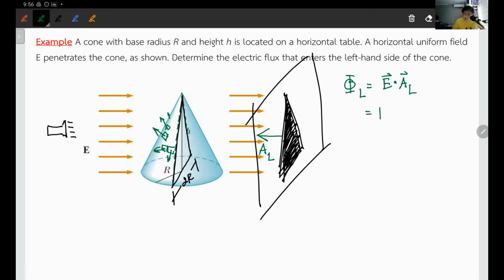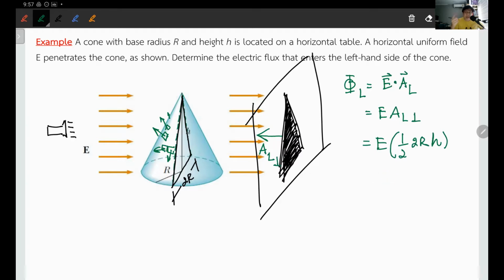So it's going to be E A on the left perpendicular. And this is what the perpendicular means. Just the shadow. So it's going to be E times 1/2 the base, the height.